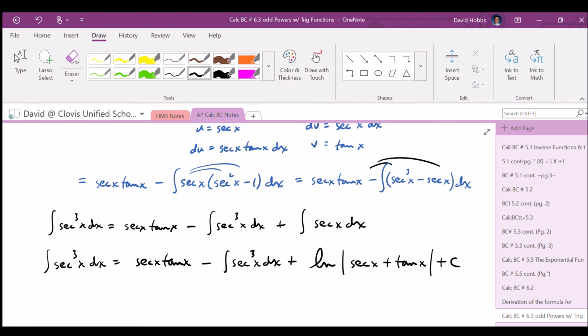Now, what's left to do? How in the world do I deal with this negative secant cubed x dx? But hopefully you're looking and going, wait, that's the same thing as we have over here on the left-hand side. That's correct.